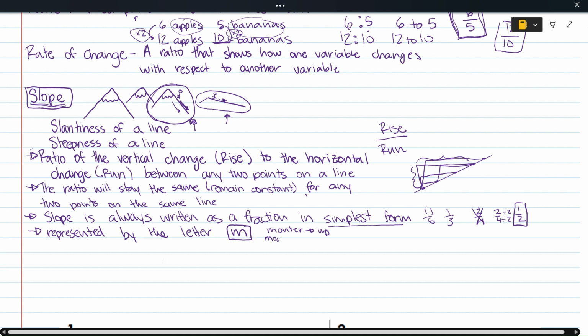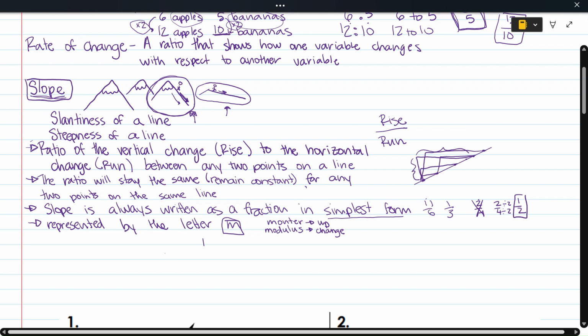There are some other scholars that say it comes from the Greek or Latin word modulus, which means change, but we don't really know, and we have just accepted that slope is always M. It doesn't make a lot of sense all the time. However, that is one of the things that we do just have to accept, is that slope is M, and there's nothing we can do about it.